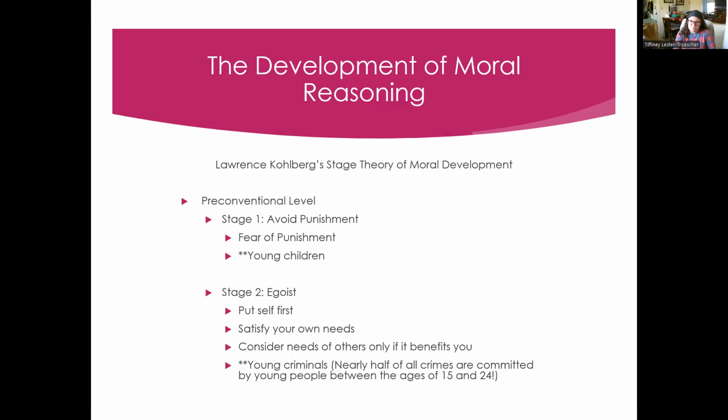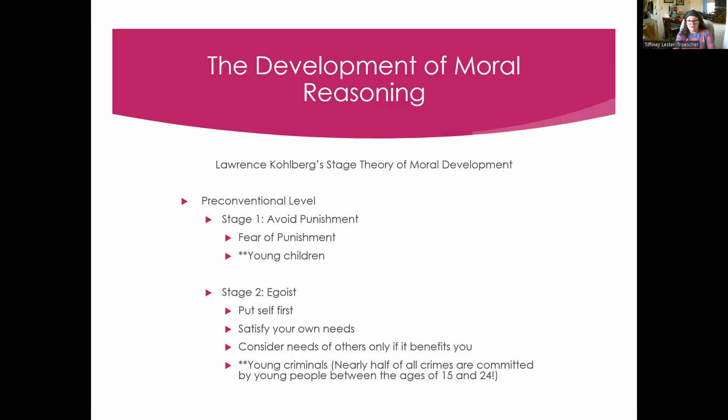The next stage at the pre-conventional level is the egoist stage. So this is where we're at in our adolescence. Right? We put ourselves first. We satisfy our own needs, and we really only consider the needs of others if it benefits us. This is where young people are, especially if you think young criminals, putting themselves first, satisfying their own needs, not really caring about the needs of others unless it benefits them.